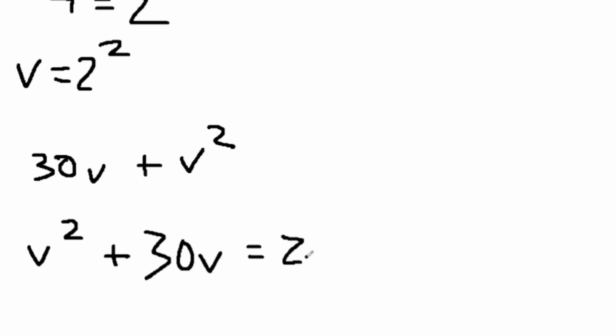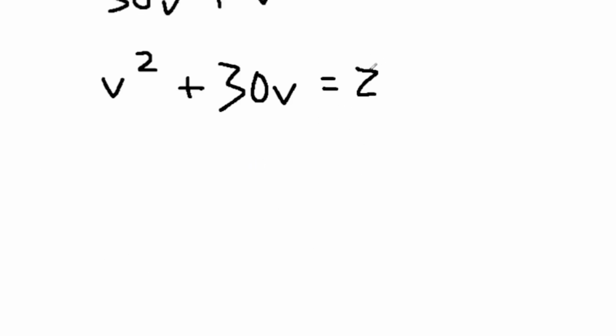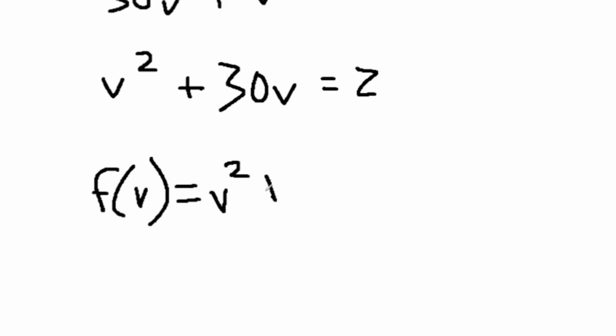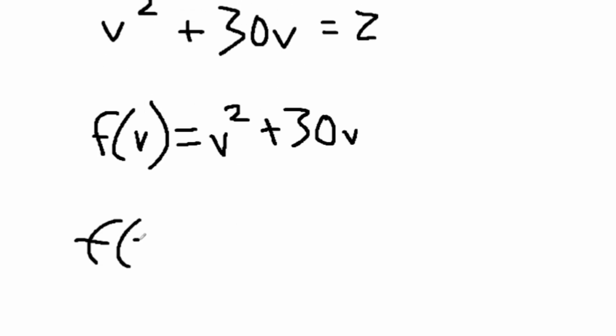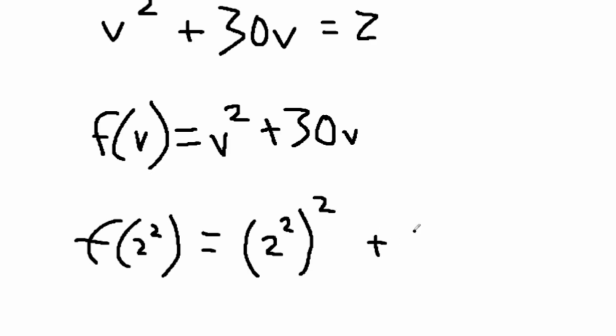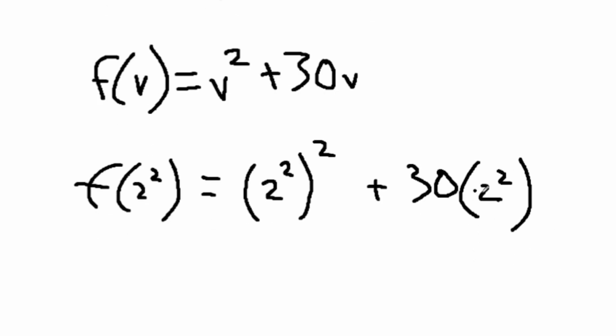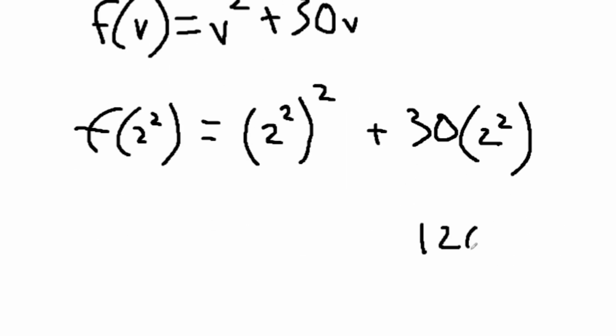And this is all still equal to z. Okay, let's make a function and let's substitute z for function v. And this is equal to v squared plus 30v. Now let's do a function of 2 squared, which is its original value. So now we have 2 squared squared plus 30 times 2 squared. Now 30 times 2 squared is the same thing as 120. Now this is what gets fun. 2 to the power of 2 to the power of 2.